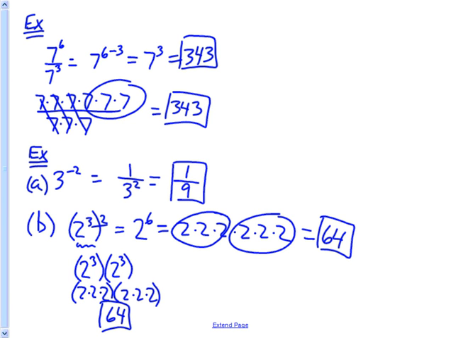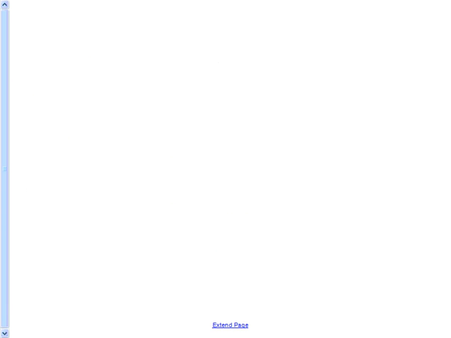Let's contrast that. That was 2 to the 3rd squared. What would 2 to the third times 2 squared be?